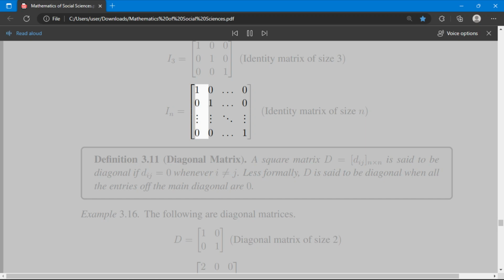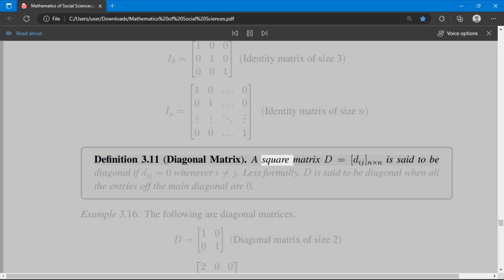In = [1 0 ... 0; 0 1 ... 0; ...; 0 0 ... 1], identity matrix of size n.